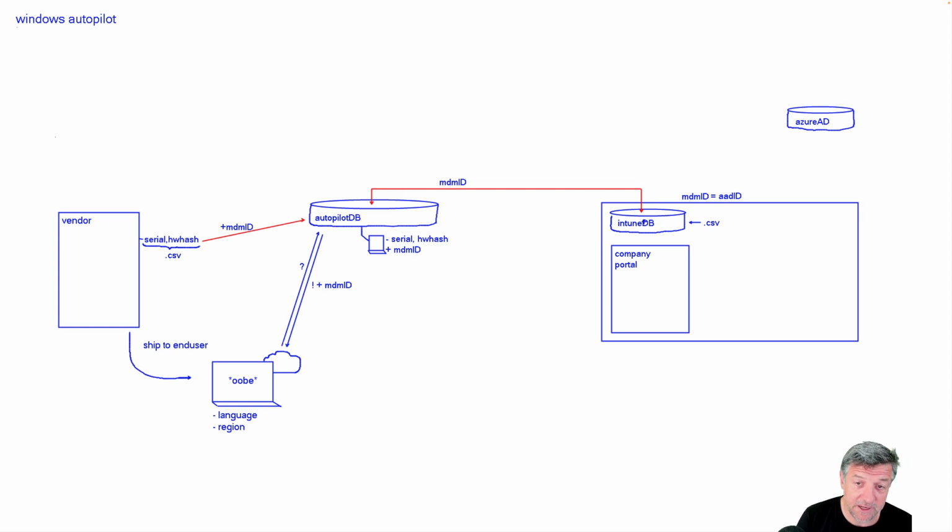The result will be that it will be synchronizing that information with the Autopilot database. It will add, obviously, the MDM ID to the record, and it will then also be in that same database. That is another way, right? So you can have the CSV file.